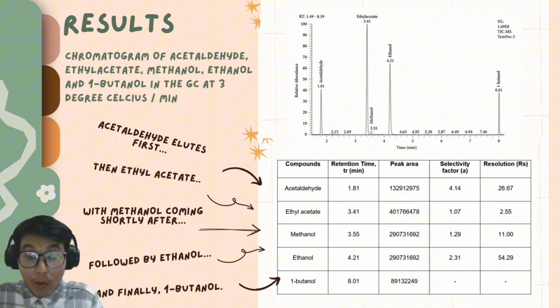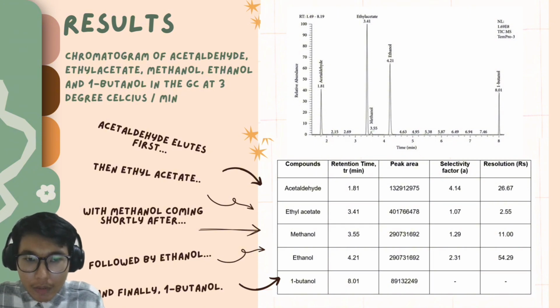Assalamualaikum, and I will continue with the result of the experiment. And this is the chromatograph from the experiment under 3 degrees Celsius. The compounds identified are acetaldehyde, ethyl acetate, methanol, ethanol, and 1-butanol.